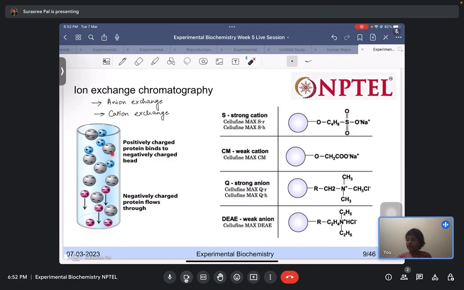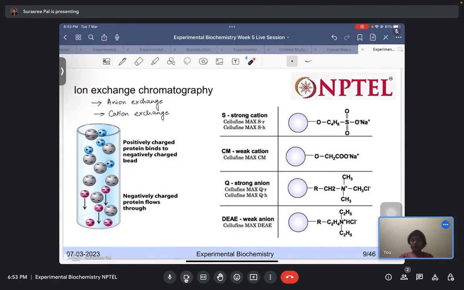So the negatively charged bead will bind to the positively charged proteins, and the negatively charged proteins will not be able to bind in this matrix because of charge repulsion. Therefore these negatively charged proteins will come out in the flow through. So this is what happens when there is a negatively charged bead.